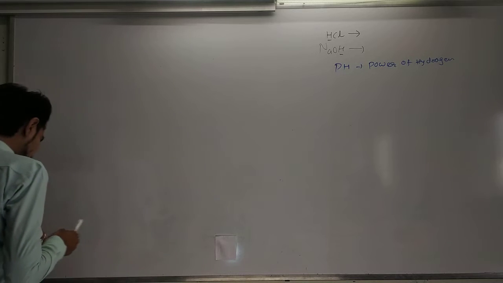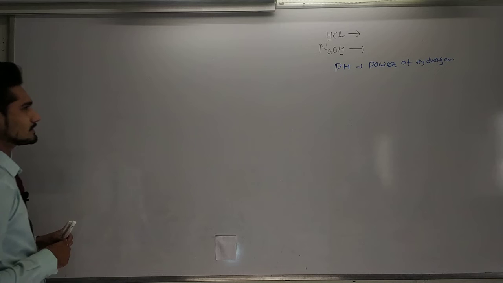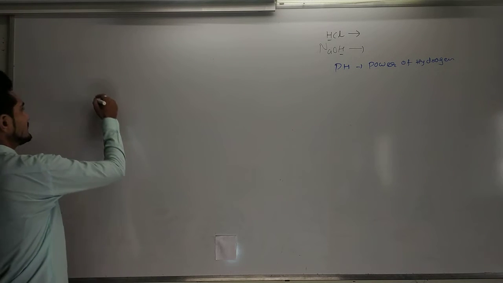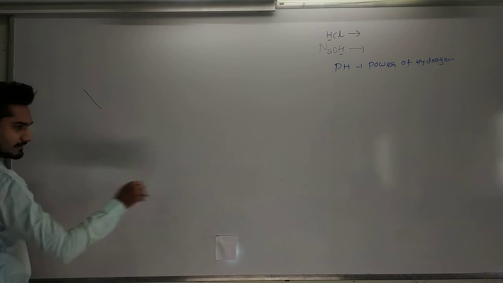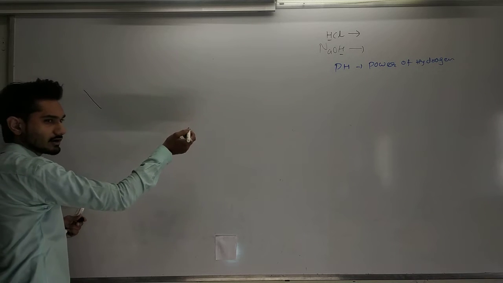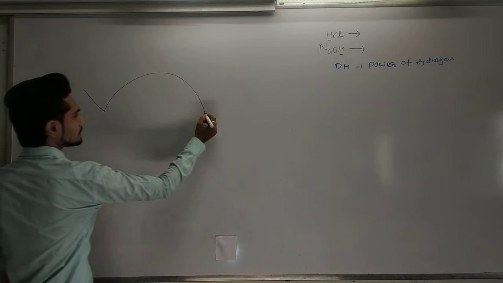Okay, now let us begin our pH scale. For that I am drawing the pH scale basic diagram, like that. You can draw it straight, it doesn't matter, you can draw it linear or curvy linear. I am drawing a curvy linear diagram of the pH scale.